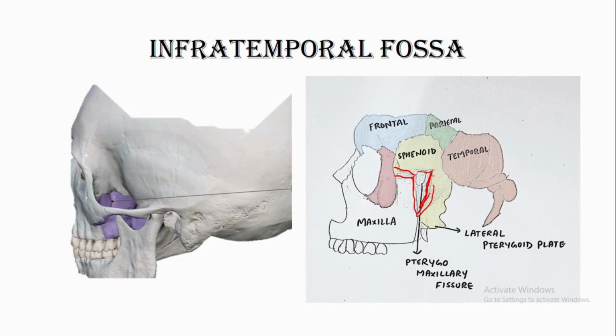Through it, the infratemporal fossa communicates with the pterygopalatine fossa, which is present more medially, and the upper part of the fissure is continuous with the inferior orbital fissure, through which the infratemporal fossa communicates with the orbit. So with this, we come to the end of all the features of norma lateralis, and in the next video, we'll be seeing the muscle attachments of norma lateralis. Thank you.